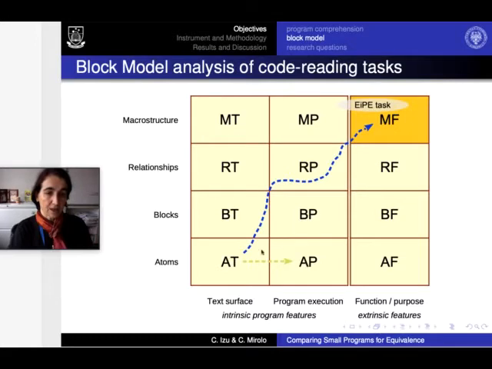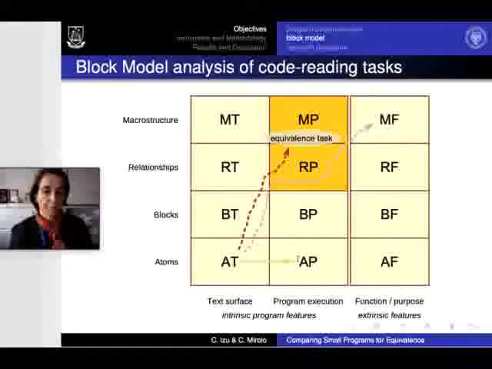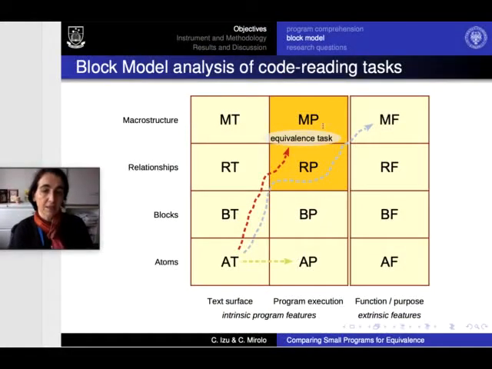So we can see we are only covering two levels of comprehension. Our new task, the equivalence task, is aiming to look at comprehension of program execution at the macrostructure level and the relationship level.